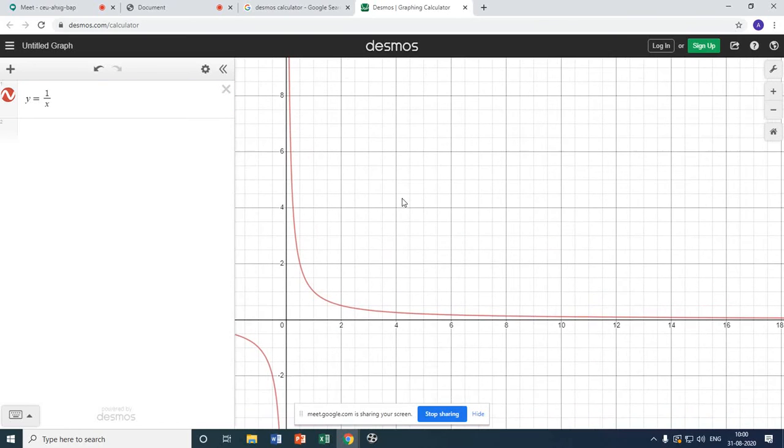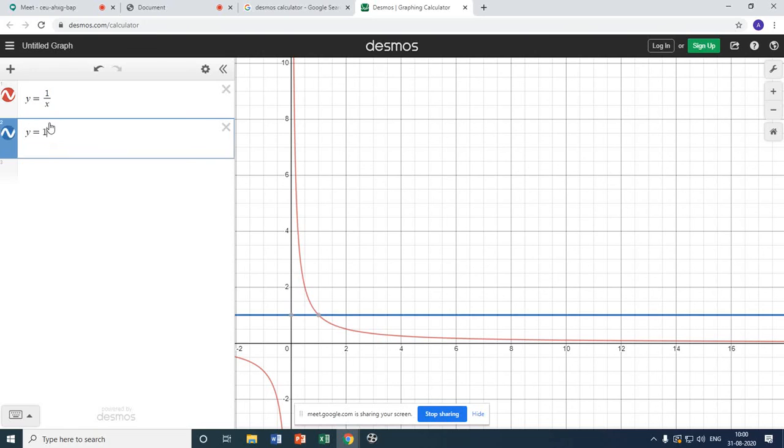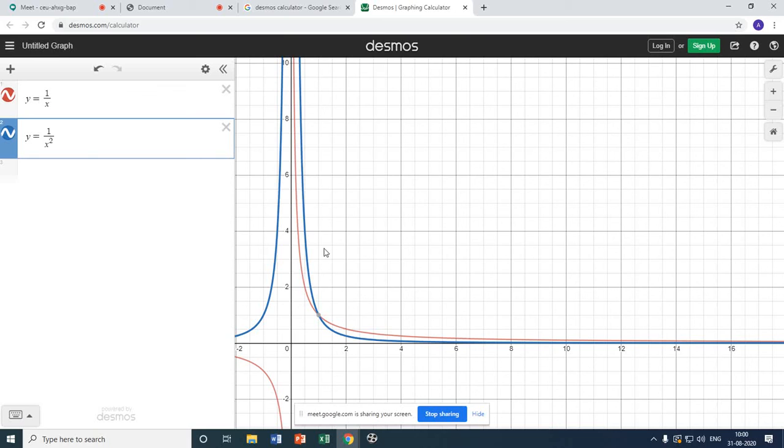You may just know this portion only now. Now if I take this as y equals 1 divided by x to the power 2, you can see the red graph represents the 1 by x curve and the blue graph represents the 1 by x square graph.